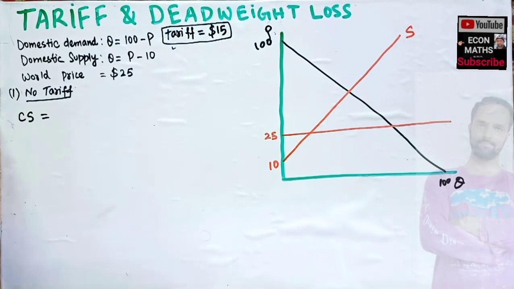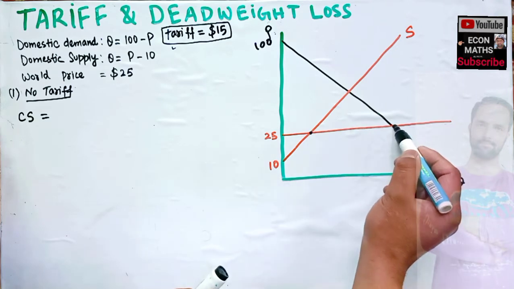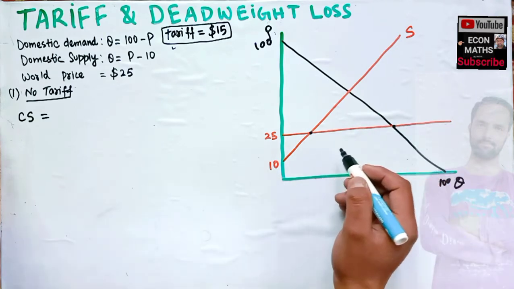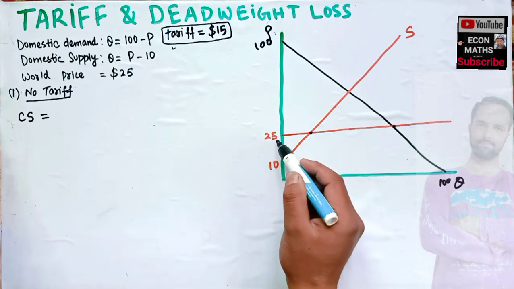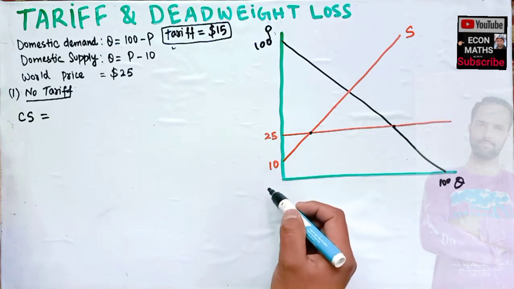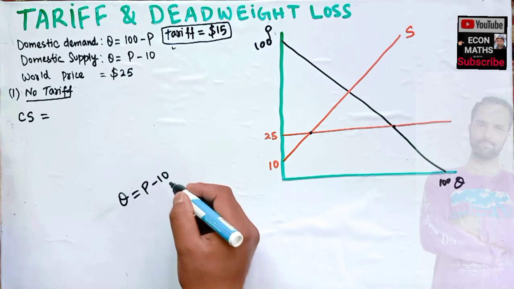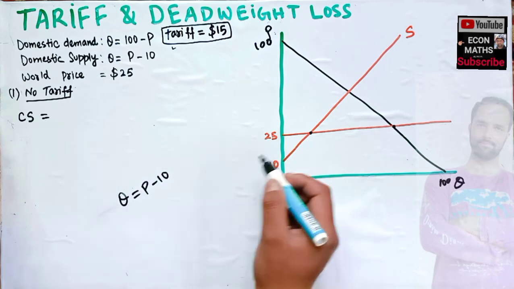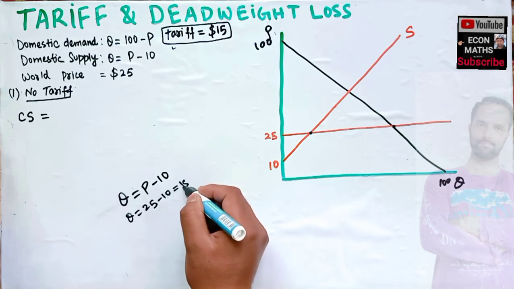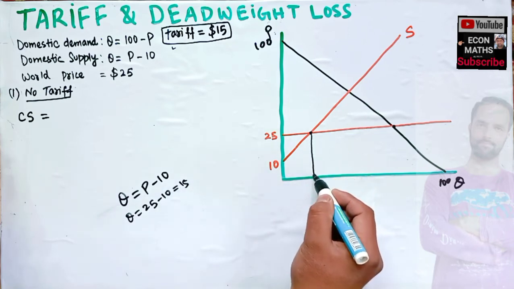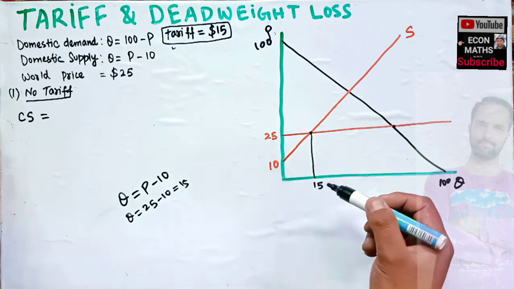To calculate the consumer surplus, we need to find out these points also. So when price is 25, what will be our supply? Our supply is Q is equal to P minus 10. When price is 25, Q will be equal to 25 minus 10, which comes out to be 15. So we have 15 at a world price of 25.